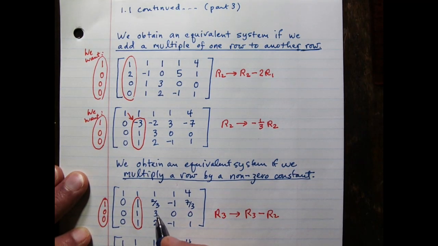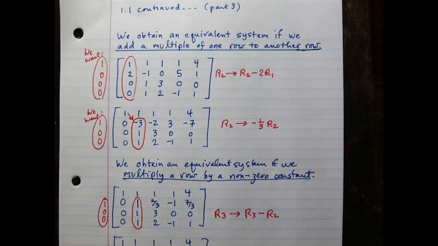But now I have to change the other entries. 3 minus 2/3, okay, is 9/3, minus 2/3 is 7/3. 0 minus a negative 1, so you got to be careful with the minus signs. 0 minus a negative 1 is 0 plus 1 or 1. 0 minus 7/3 is minus 7/3. And the last row is the same. So I'm getting there. I now have 1, 0, 1 there.